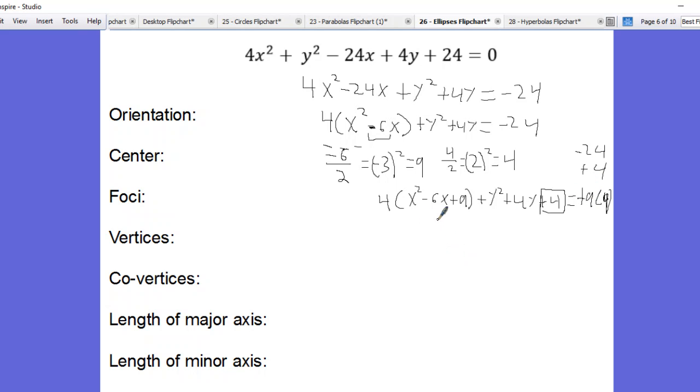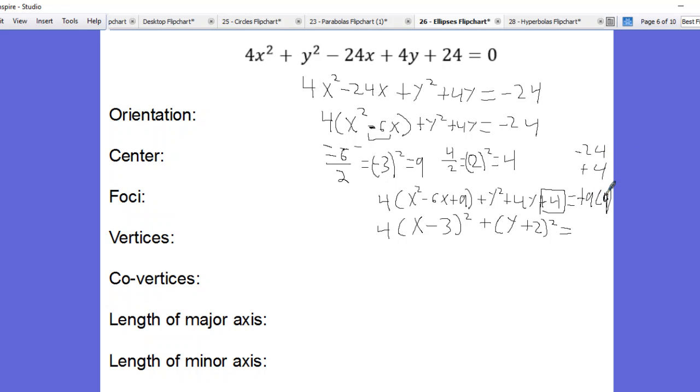So x squared minus 6x plus 9 will factor into x minus 3 squared, because it's an x term, plus y plus 2 squared, that's a positive 2 right there, is equal to -24 plus 4 is -20.